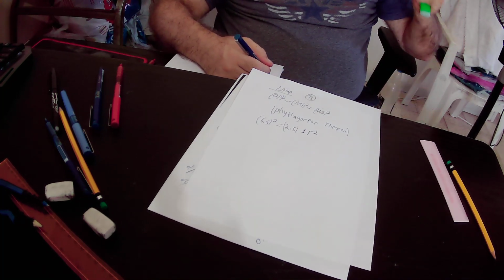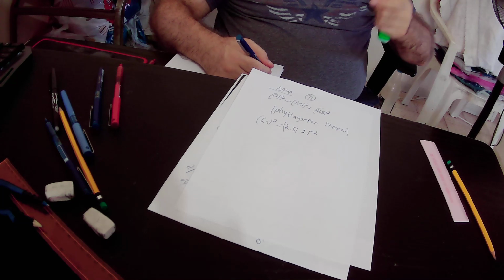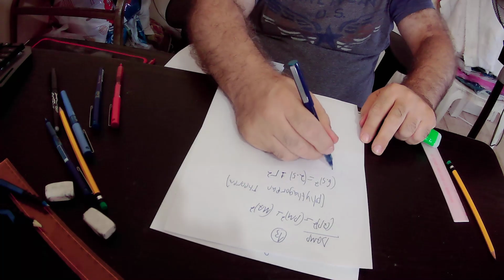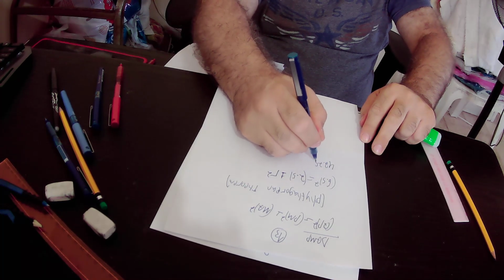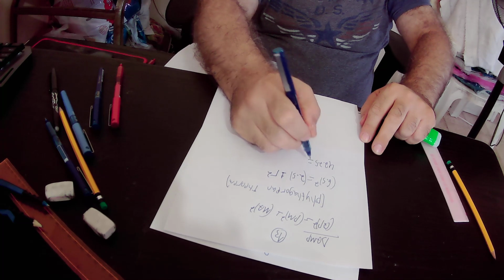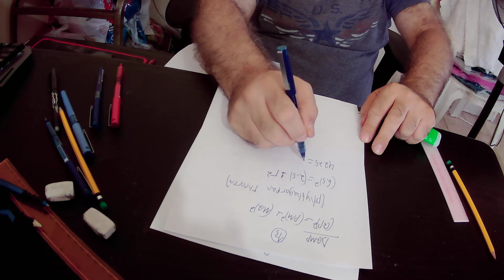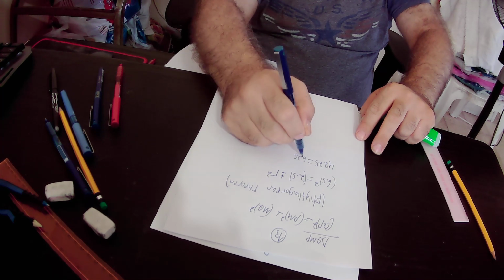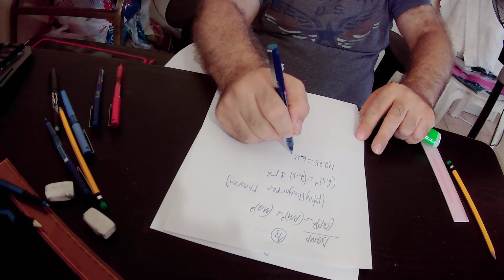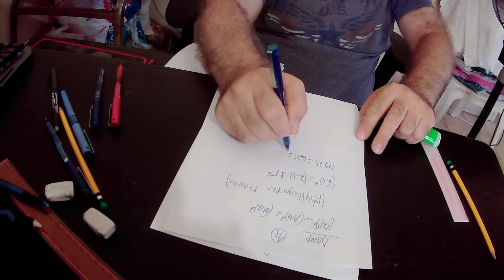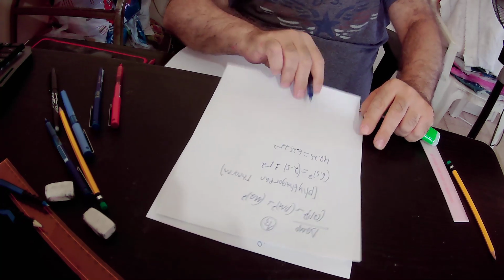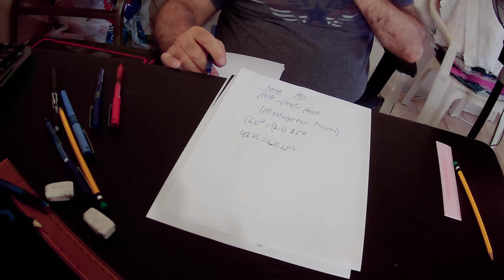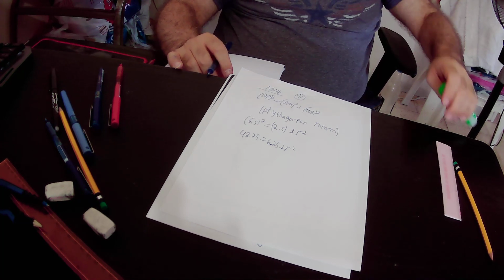Okay, 6.5 squared is 42.25 and 2.5 squared is 6.25, plus r squared. We got that 42.25 equals 6.25 plus r squared.